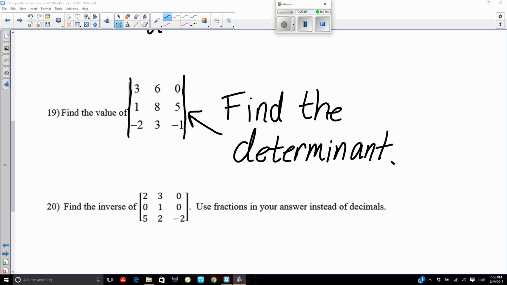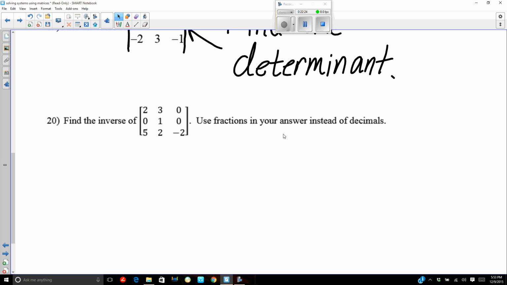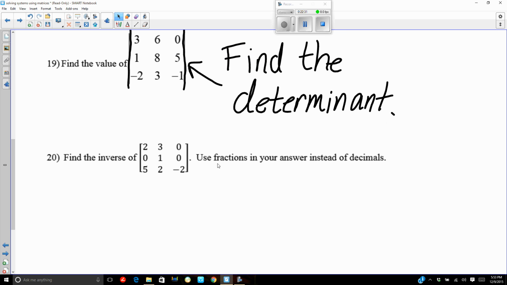If you do not know how to do this, you need to ask me how to do this using your technology. 19 and 20, I believe, are the only questions that you cannot do by hand. Number 20 is completely in the calculator as well. So you're finding the inverse. This involves putting this matrix in for A, and then you want to find A inverse. And again, you can just do that in the calculator.